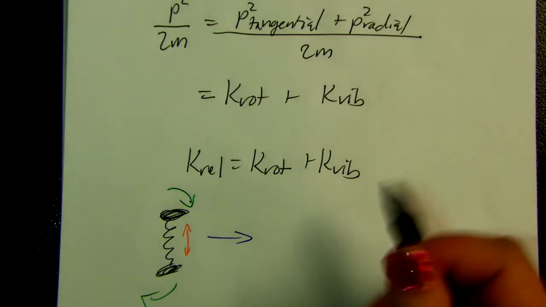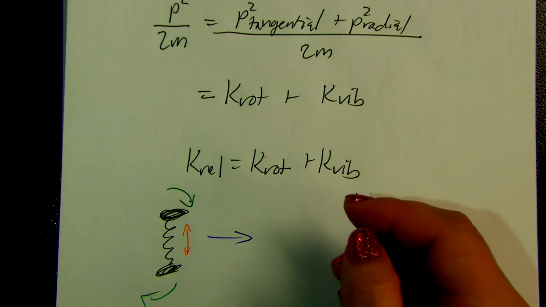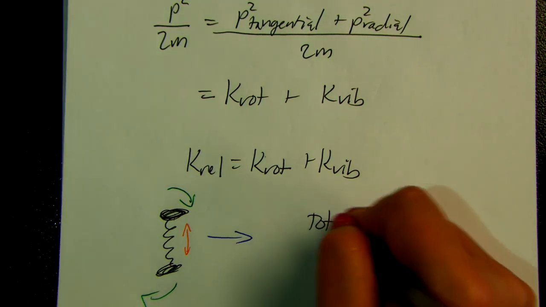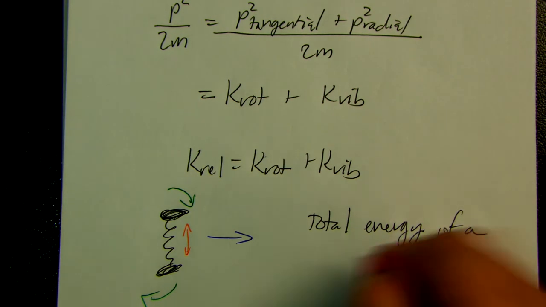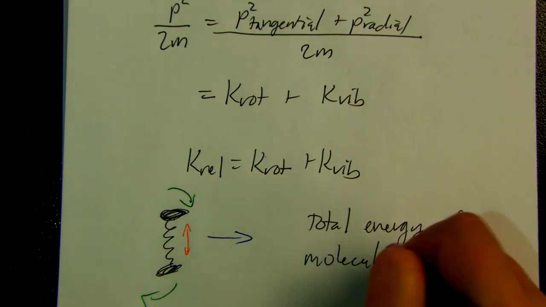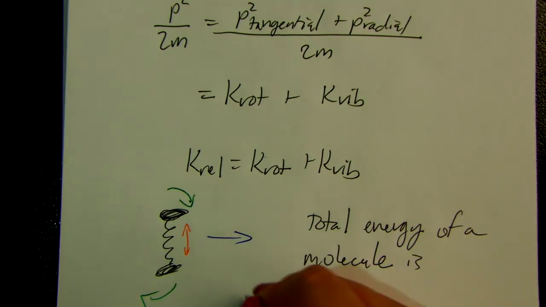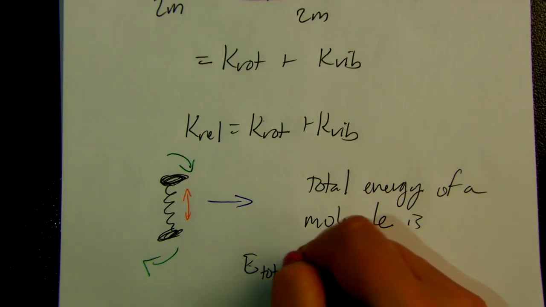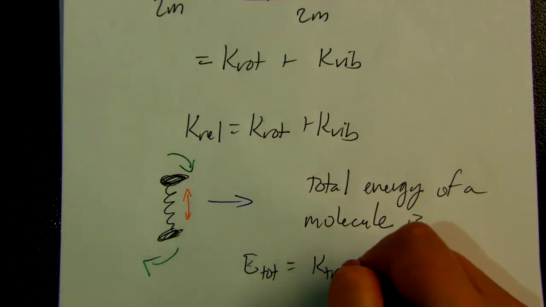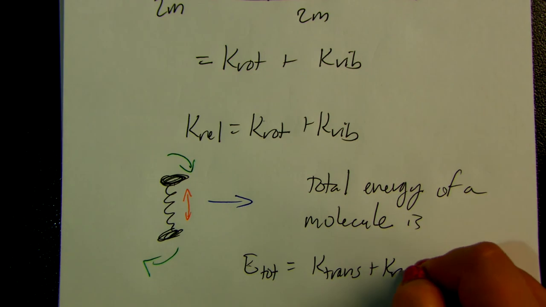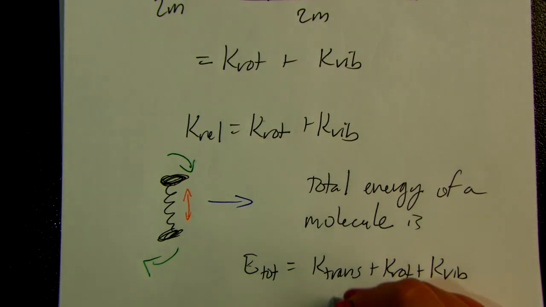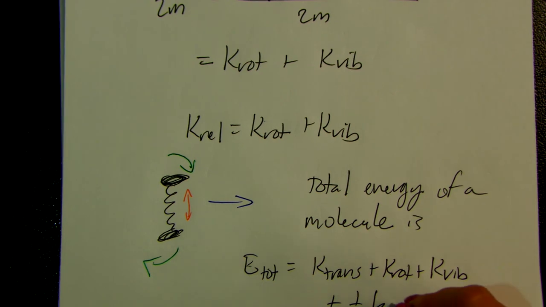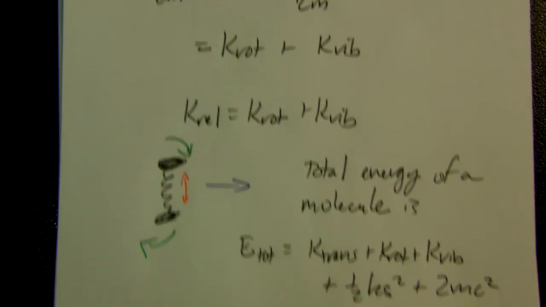So the total energy of a molecule is E total is equal to K translational plus K rotational plus K vibrational plus 1/2 Ks squared plus 2mc squared.